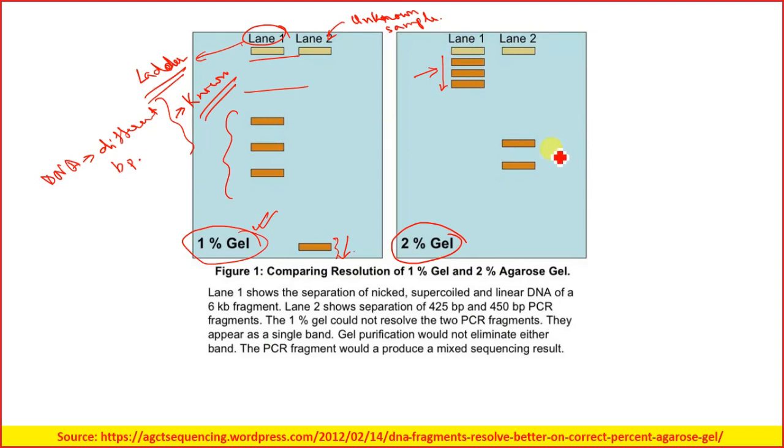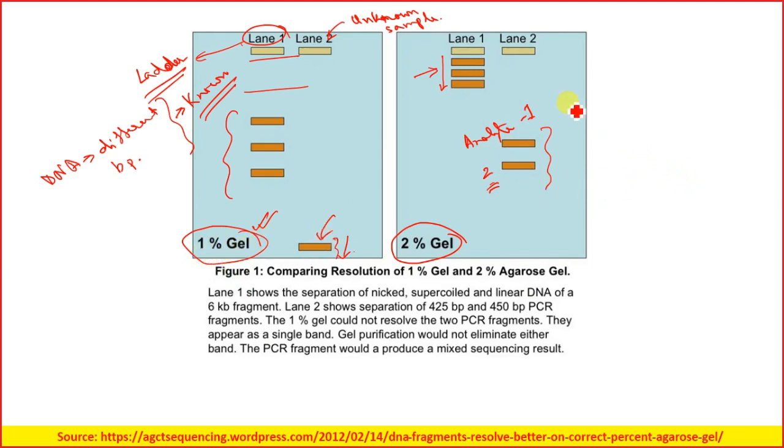However, if you look into the sample lane, it is now able to resolve the sample into two analytes, say analyte 1 and analyte 2, which was not possible in the first formulation where we used 1% gel.